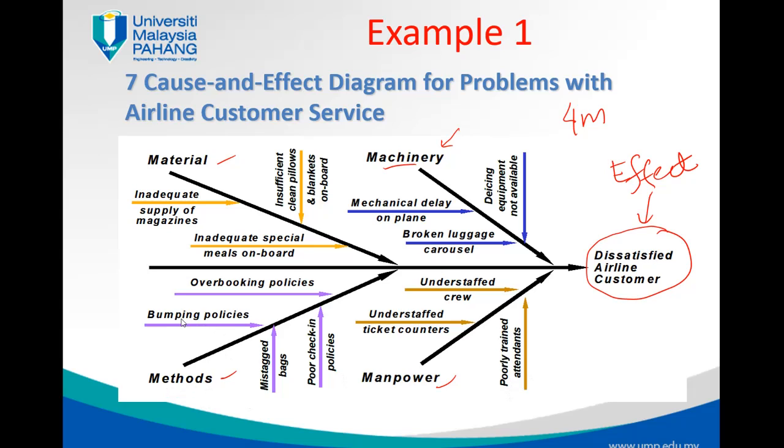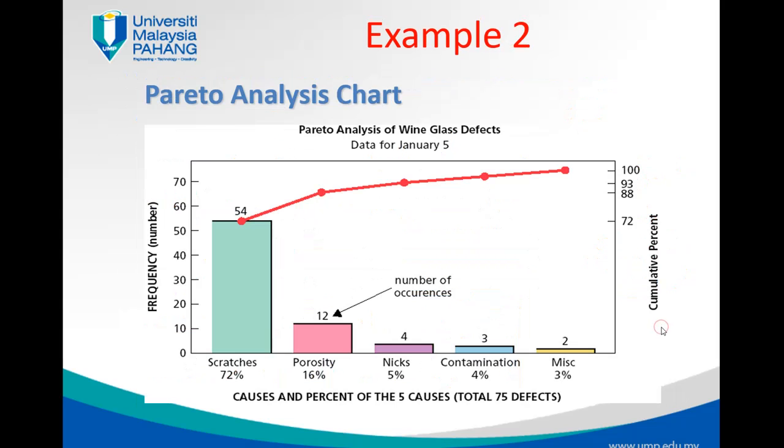For the method, bumping policy, overbooking policies, and so on. Basically, in order to construct this diagram, you need to hold a brainstorming session in your team. Try to identify as many causes as possible that contributed to the effect that we want to investigate.